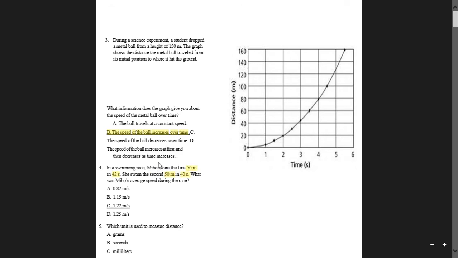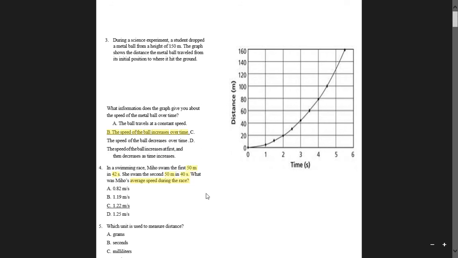So the race is divided into two distances, the first 50 meters and the second 50 meters. The question is, what is the average speed during the race?